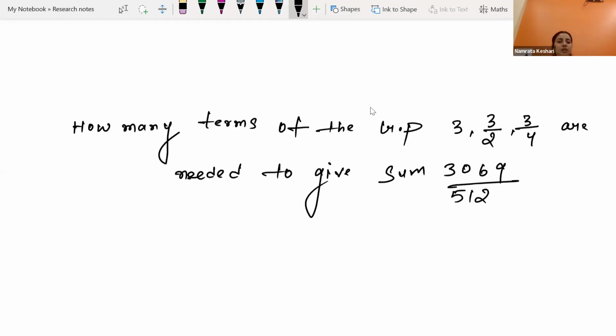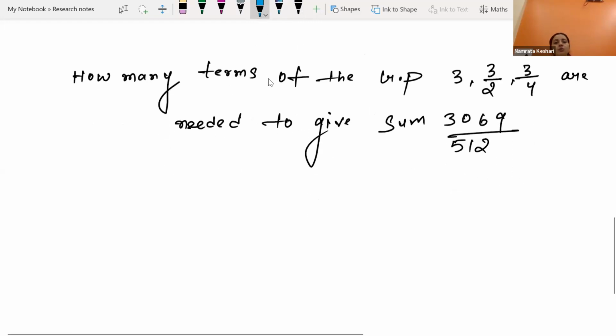How many terms are needed which will give this sum? Again, we'll be using the sum formula, but this time we know Sn. Sn we know, n we have to find. Please try finding n. We know Sn is 3069 by 512.